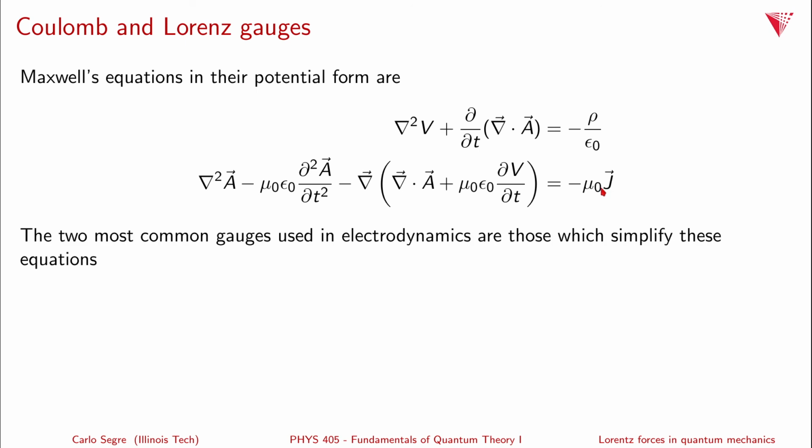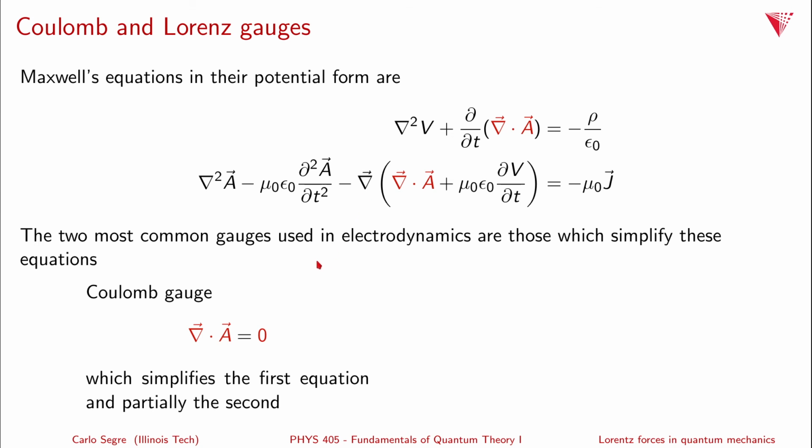The two most common gauges that are used to transform electromagnetic fields are those which simplify these equations. And so the idea of a gauge transformation is to make it easier to solve an electrodynamics problem. So one of the gauges is called the Coulomb gauge. The Coulomb gauge is one where ∇·A is equal to 0.